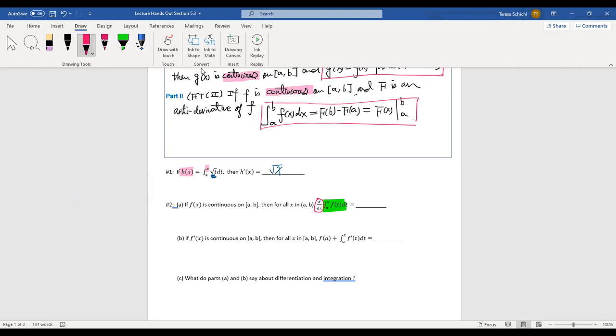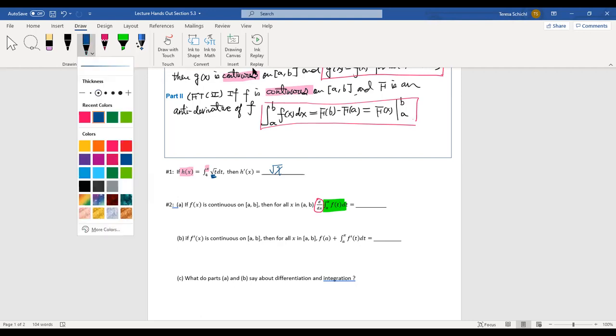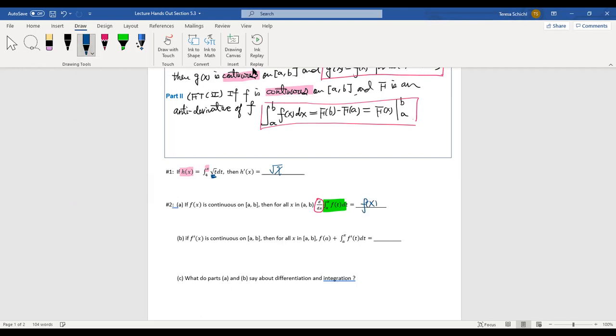Like we said, the fundamental theorem of calculus tells you the integration and the derivative cancel each other out. So what is the answer here? You integrate f of t from a to x, then you take the derivative. So the answer will just be f of x. This is based on the first part of the fundamental theorem of calculus.